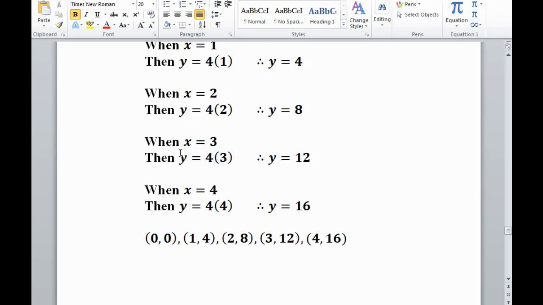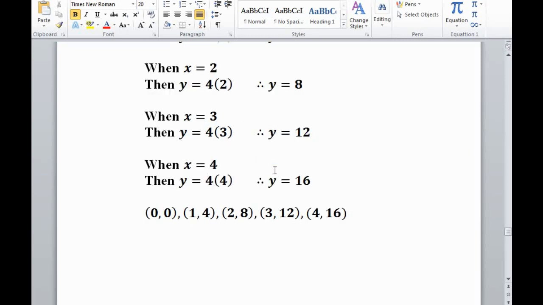By putting this value in the equation, y equals 4 multiplied by 3, we get output y equals 12. Another value for x, I'm going to take 4. By putting this value in the equation y equals 4x, the output y becomes 4 times 4, which is 16.